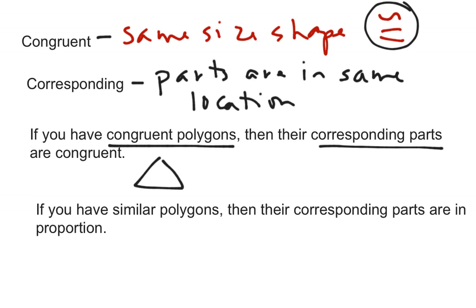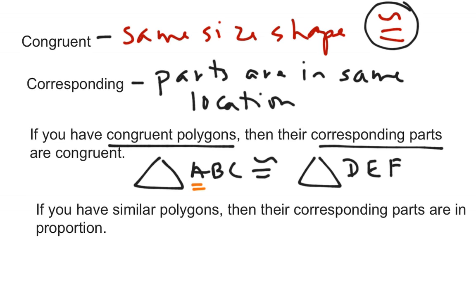So if you have ABC is congruent to DEF, the parts that line up, the parts that are in the same spot, A and D, those are going to be equal. So if A is on top and D is on top, those angles would be the same measure, congruent.